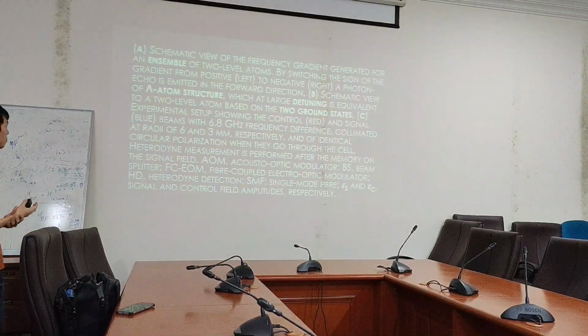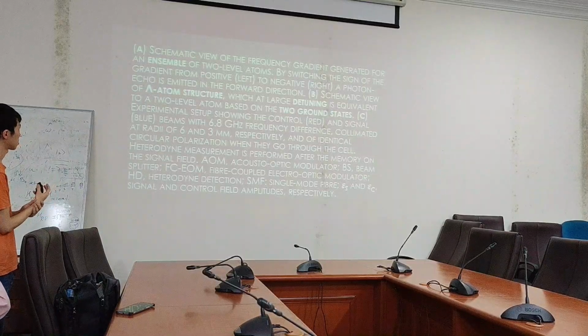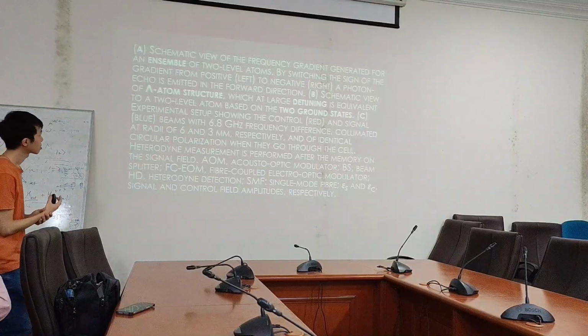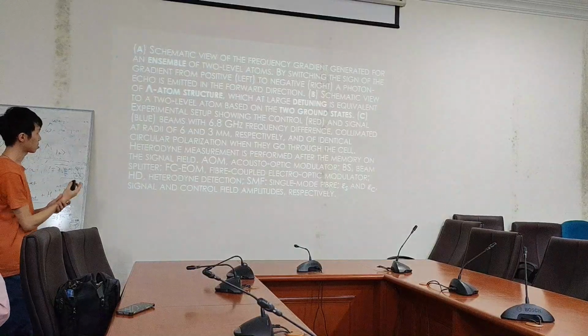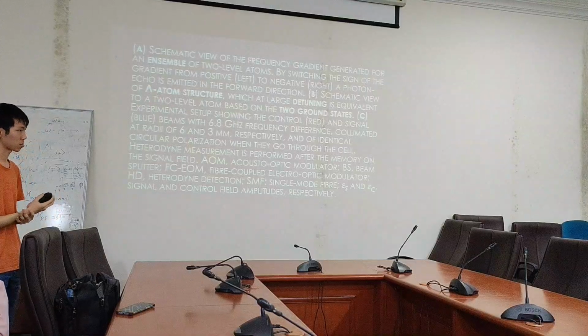This is a description for the figure. First, it makes an ensemble, a three-level structure with detuning and two ground states. I will describe this later.